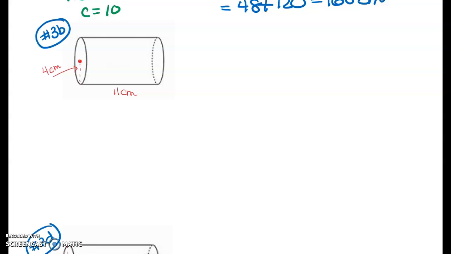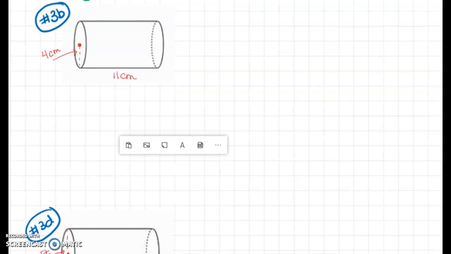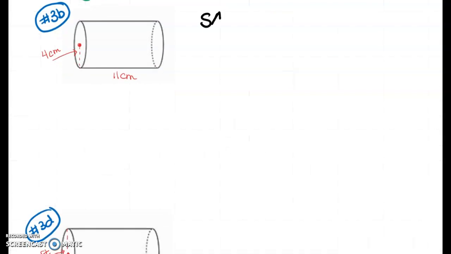So this is going to be a cylinder, which is a little bit different than a prism. So our surface area of a cylinder, again, we do have 2 bases, but then we have the lateral area. Okay, so our bases are going to be circles, right? We have these 2 circles as our bases. They're parallel to each other.